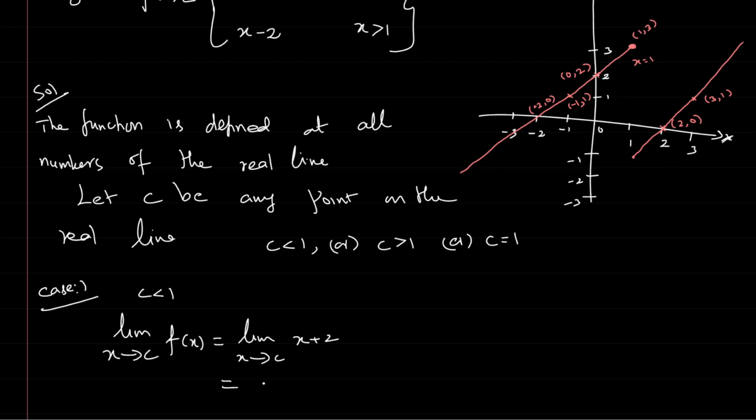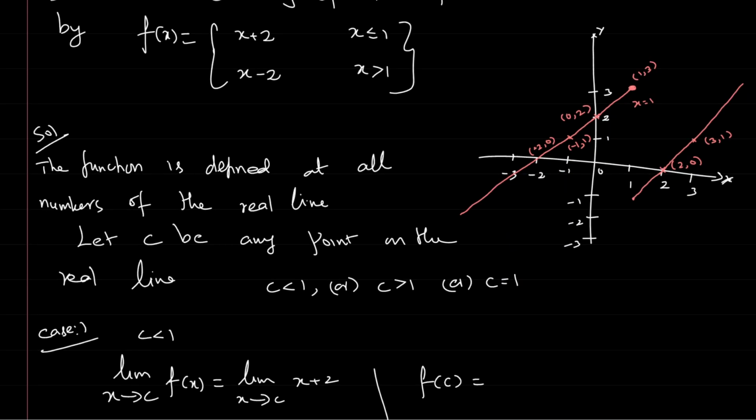Therefore, replace x by C, you will get C plus 2. So this is for the limit of that function at C. Now what about f of C? F of C is equal to, since C is less than 1, it takes the value x plus 2. Clear? Therefore, f of C will be C plus 2.